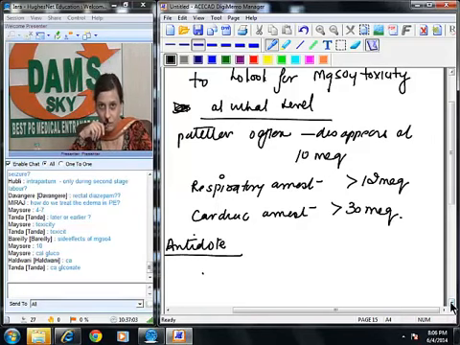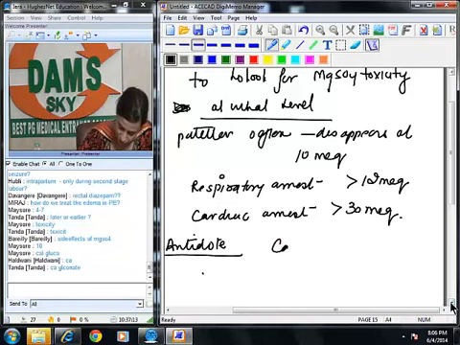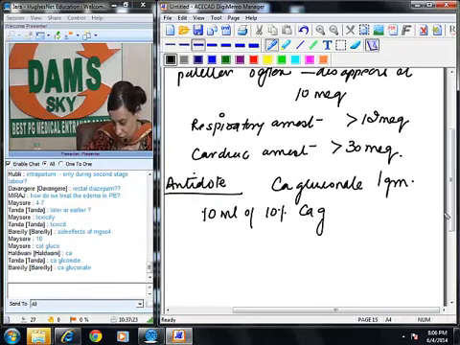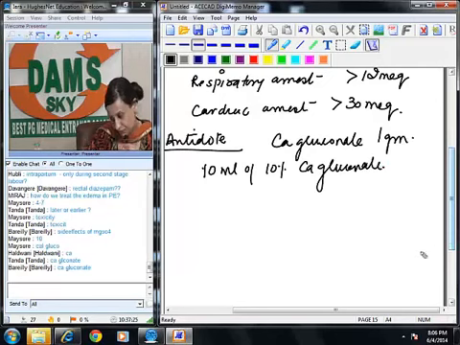So maintenance dose is to be stopped. Serum blood levels of magnesium are to be sent. And if they are high, we are supposed to give the antidote. And very correctly said, the antidote is going to be calcium gluconate. How much? 1 gram. How do we give it? We give 10 ml of 10% calcium gluconate IV.